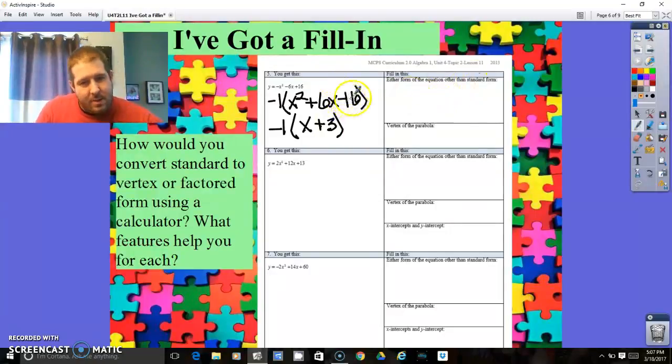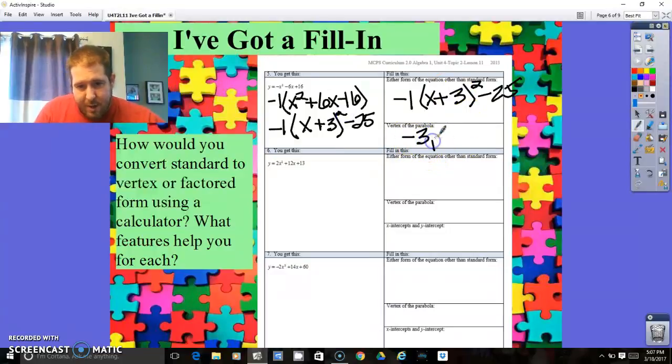But I'm missing 16 to begin with. So if I need 9 more, and I'm already missing 16, that means I'm now missing 25 total. So there's your answer. It's -1 times x plus 3 squared minus 25. I missed the squared right there. Where's the vertex? It looks like the vertex is at -3, -25.